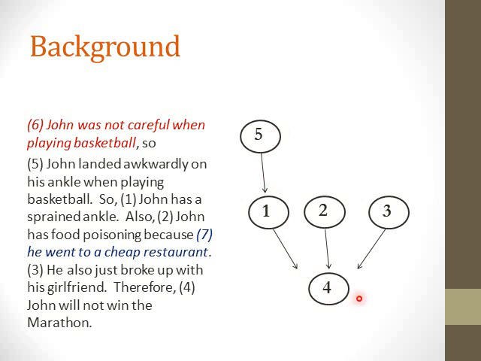So once again, here we have our original argument from the previous slide. Let's start off by representing this sub-argument, so the sub-argument that contains 6 as a premise and then 5 as a conclusion or a sub-conclusion. So John was not careful when playing basketball, so 5, John landed awkwardly on his ankle when playing basketball.